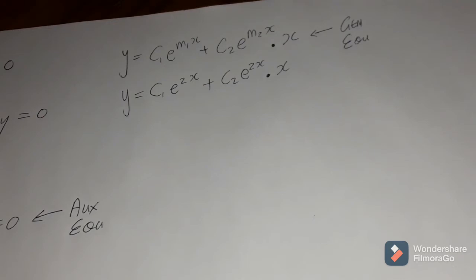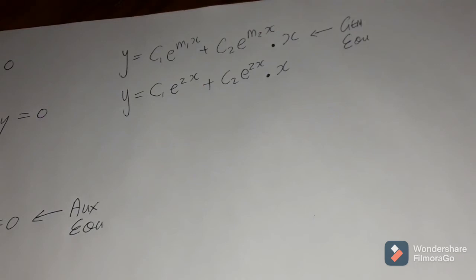your general equation will be y equals c1 e to the m1 x plus c2 e to the m2 x.